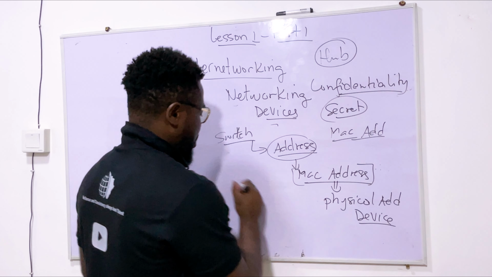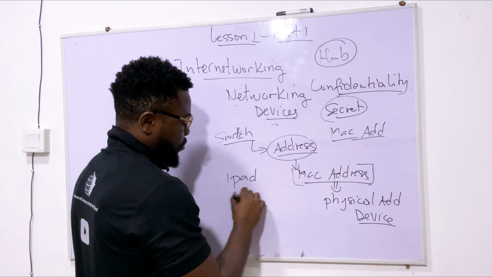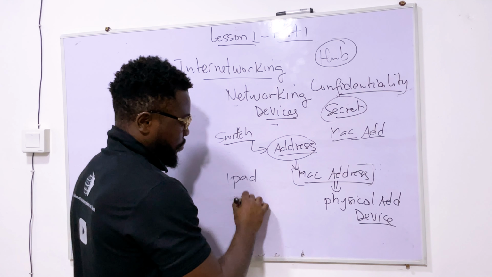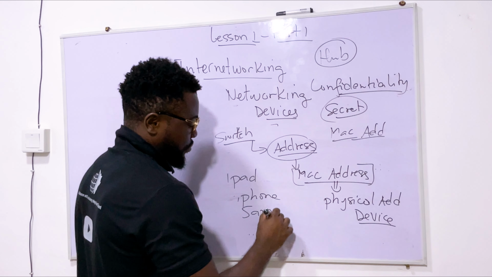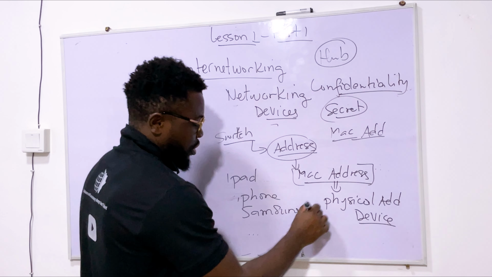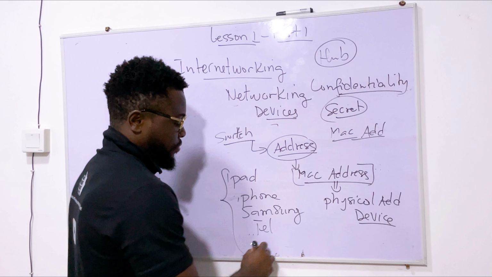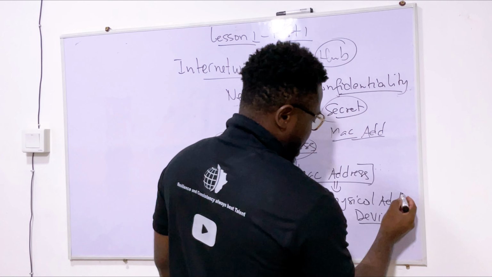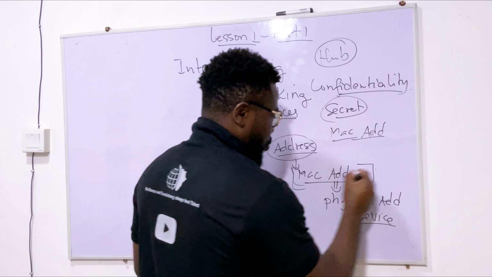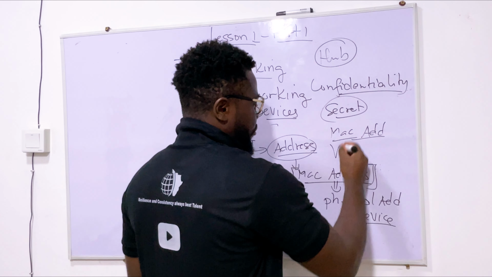So when you take your iPad, when you take your mobile phone, let's say your iPhone, when you take your Samsung, when you take your television, there are countless devices with a MAC address. So this MAC address is being given by a vendor.